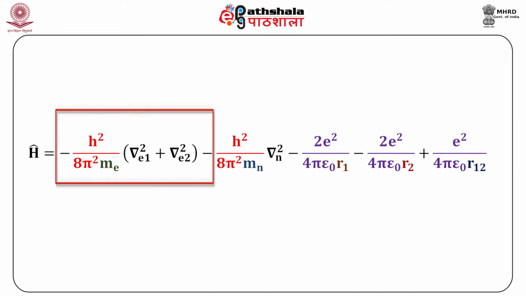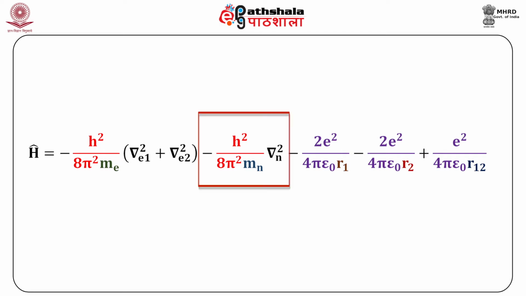These are the corresponding kinetic energy terms of electron 1 and electron 2. Then the next term is minus h² upon 8π²Mn ∇n². This represents the kinetic energy term of the nucleus.